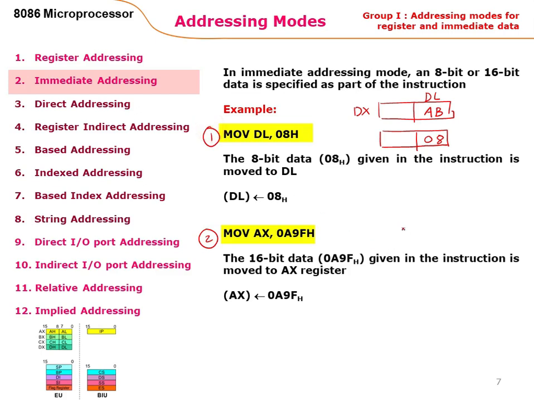In the second example, AX is a 16-bit register. Suppose initially AX contains 12AB. After execution of this instruction, the value of AX becomes 0A9F. So in this way, this addressing occurs.